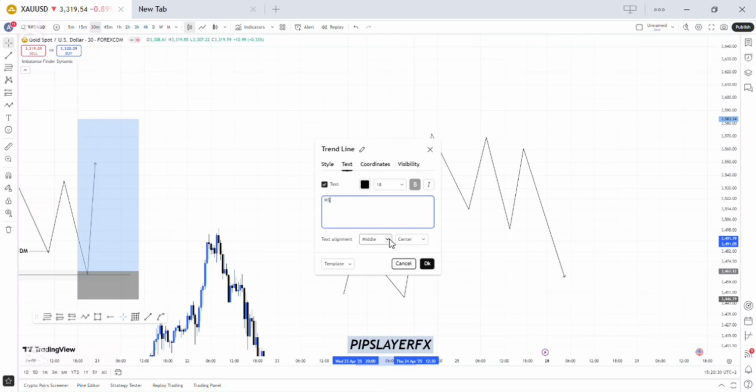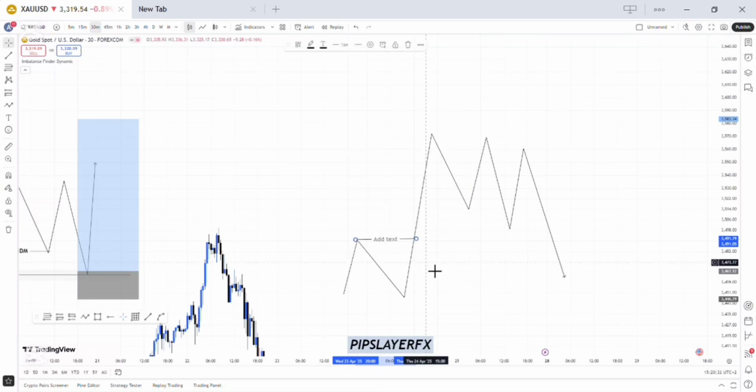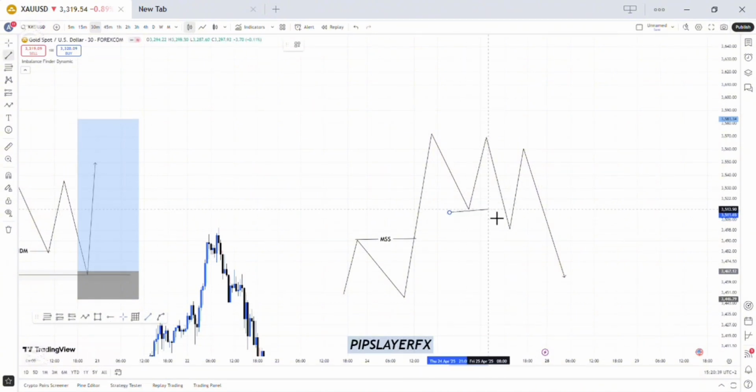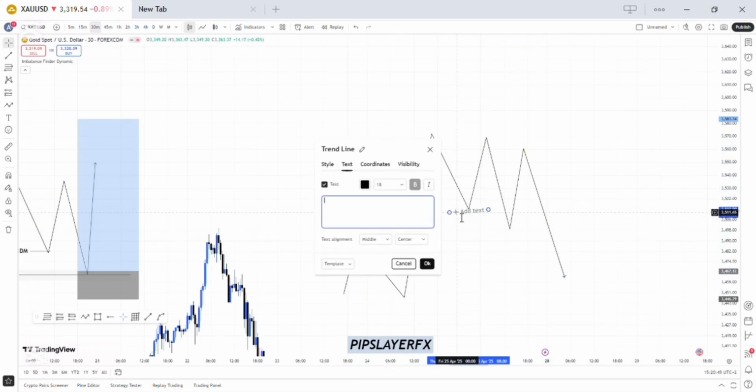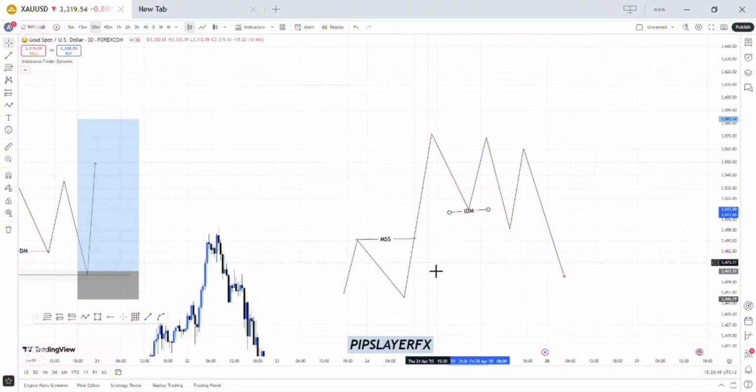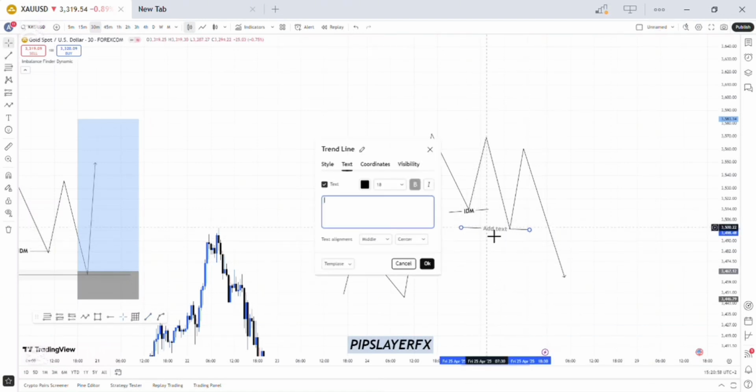So this is your market structure shift backed up with an inducement, which is this area. This area is your inducement. Then this area becomes your SMC trap.